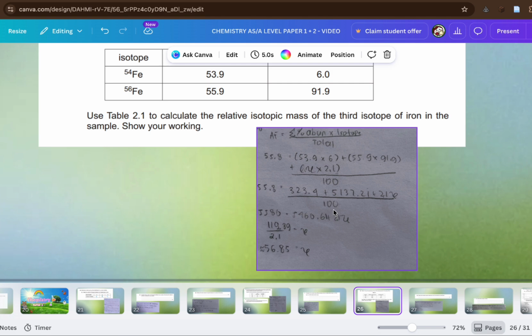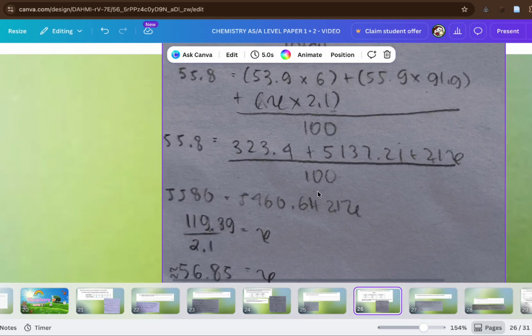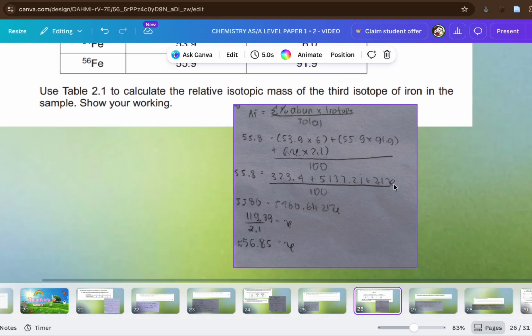We multiply both sides by 100 like before, which results in 5,580 equals 323.4 plus 5,137.21, which equals 5,460.61, plus 2.1x.